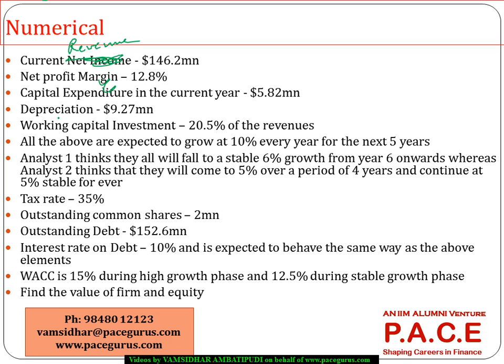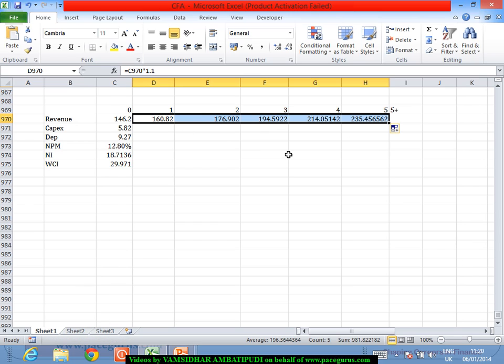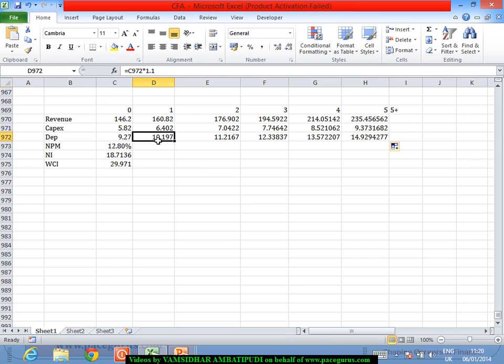And all the above are expected to grow at 10% every year for the next 5 years. Okay, so this is expected to grow at 10% per year. So the revenues are expected to grow at 10% per year for the next 5 years. Capital expenditure, depreciation, these are expected to grow at that rate.